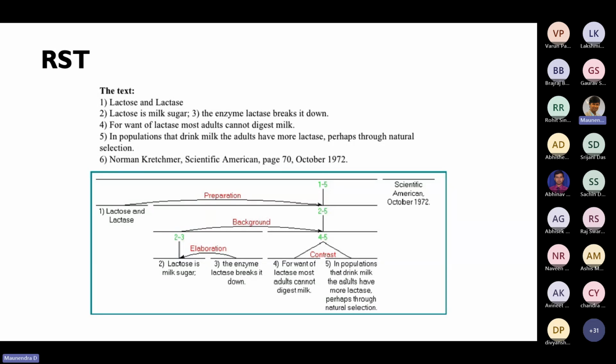That will be the learning part. The identification is the first part. The next part is how they should be combined. How they should be combined also depends on what are the fragments that we're going to combine, and accordingly, what should be the level of that combination, like elaboration or background or contrast or whatever.